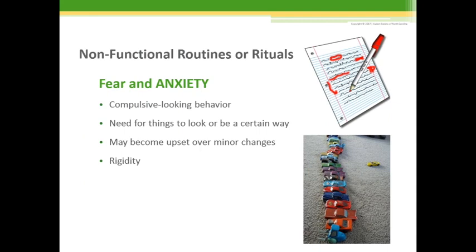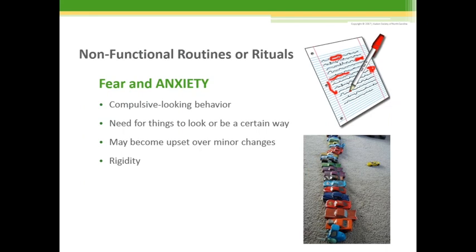Or as another example, mom is driving a child home and she has to deviate from her typical route. For some with autism, the individual is highly dependent upon these routines. When something is disrupted, like she has to go down a different street than usual, the individual might get very, very upset by this. What would seem like a minor change to us can be very disruptive for some with autism.